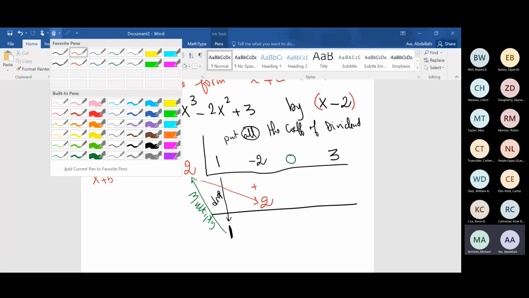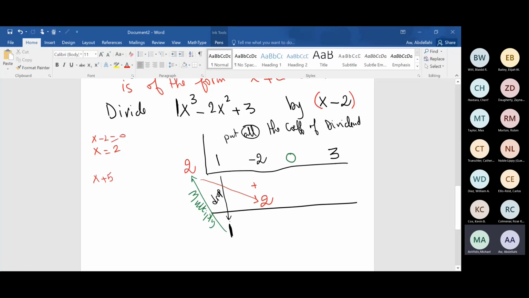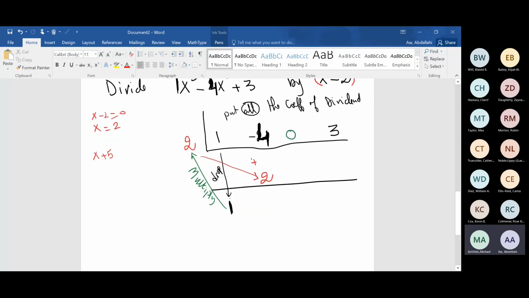Everybody, please change this number to -4, because I don't want them to cancel out. So we add them up, and we get -2.